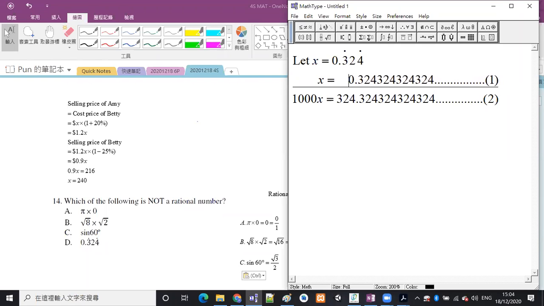And then equation 2 minus equation 1. Left hand side is 999x. Right hand side is 324 minus 0. So x is equal to 324 over 999, which can be simplified to what?